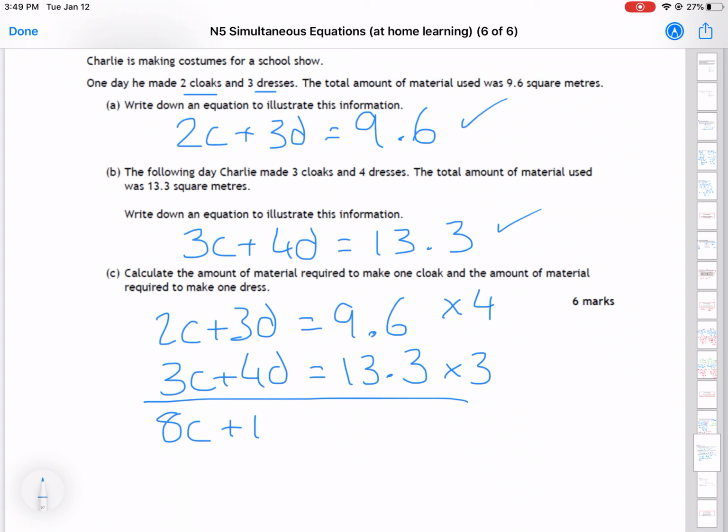8c plus 12d equals, and we'll do 9.6 times the 4, 38.4. And next we've got 9C plus 12D equals 39.9.